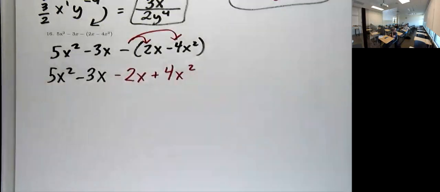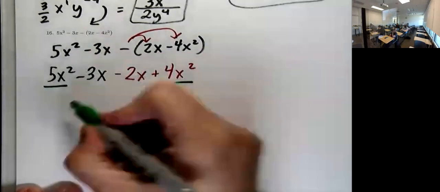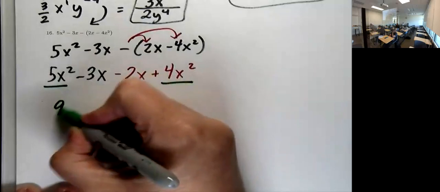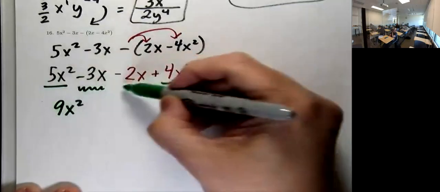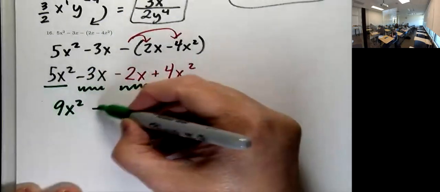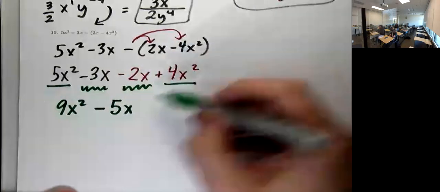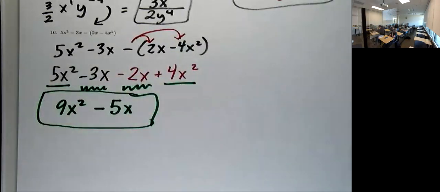Then we want to gather like terms. These two have an x squared, so I'll add them together. 5x squared plus 4x squared is 9x squared. And these two just have an x. So -3x and -2x is -5x. This is a simple problem.